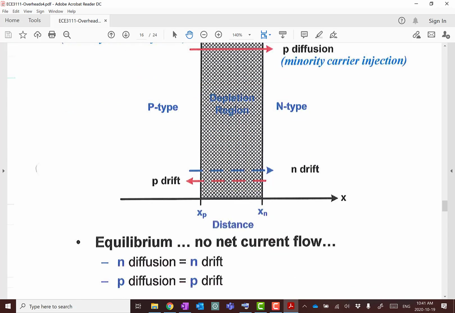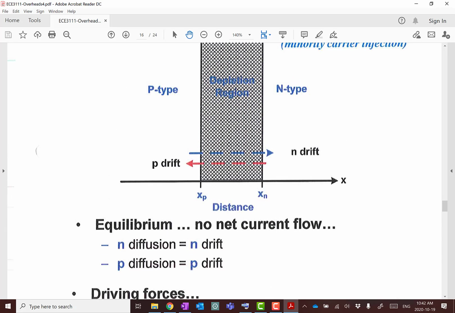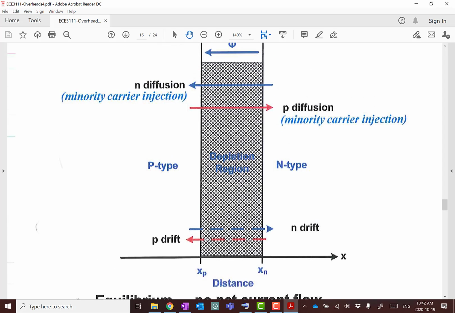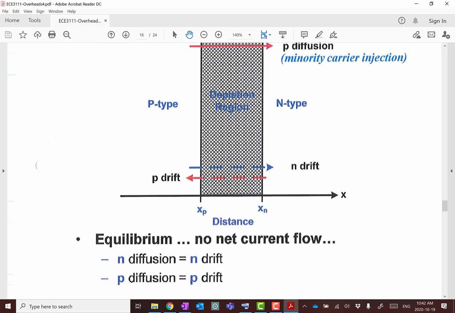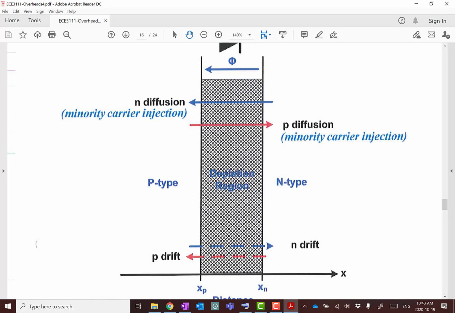And same for holes. So all of that is to say that this process of joining these two different materials together sets up a depletion region and some potential, and due to the exchange of diffusion and drift currents, those currents, again with no external bias, are equal in magnitude and cancel each other out.